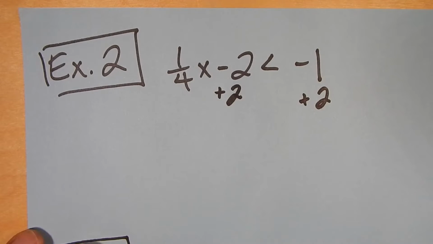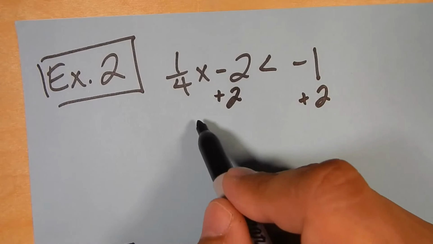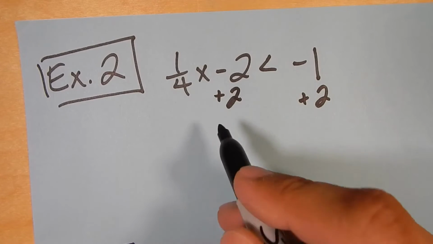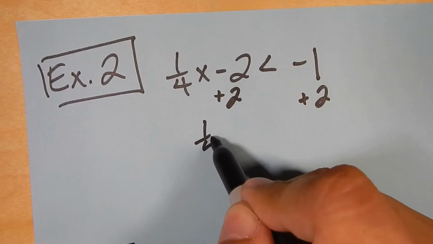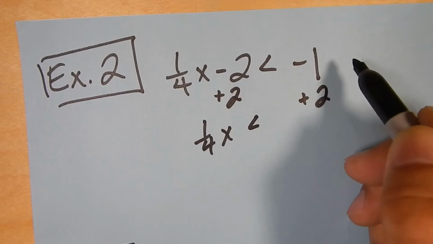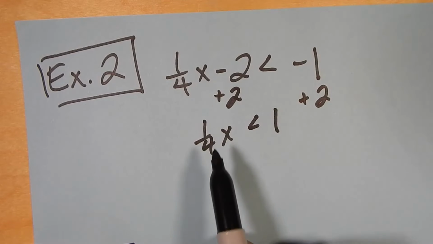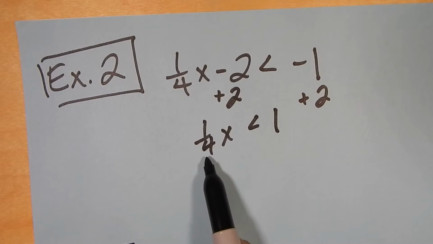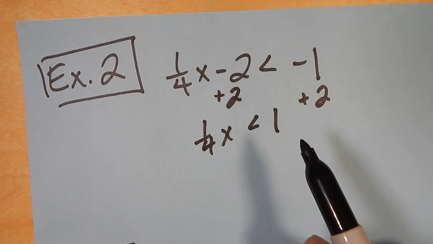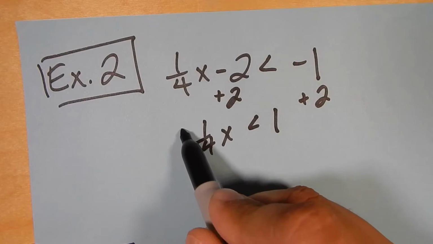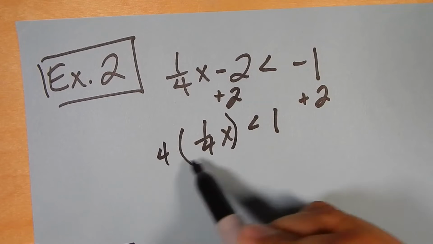Again, just like an equation, we do the same thing to both sides. We've got 1/4 x is less than negative 1 plus 2. That's going to be a positive 1. And the way that we get rid of 1/4 is to multiply by 4, or divide by 1/4. So we're going to multiply both sides by 4.